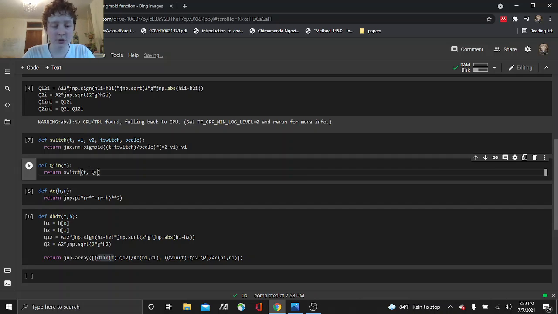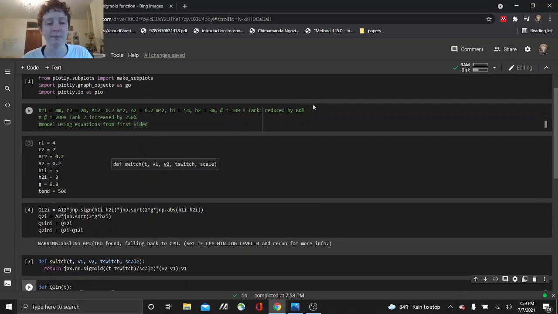It's going to have Q1N initial as V1, and our V2, the velocity that changes, is going to be reduced by 80%.